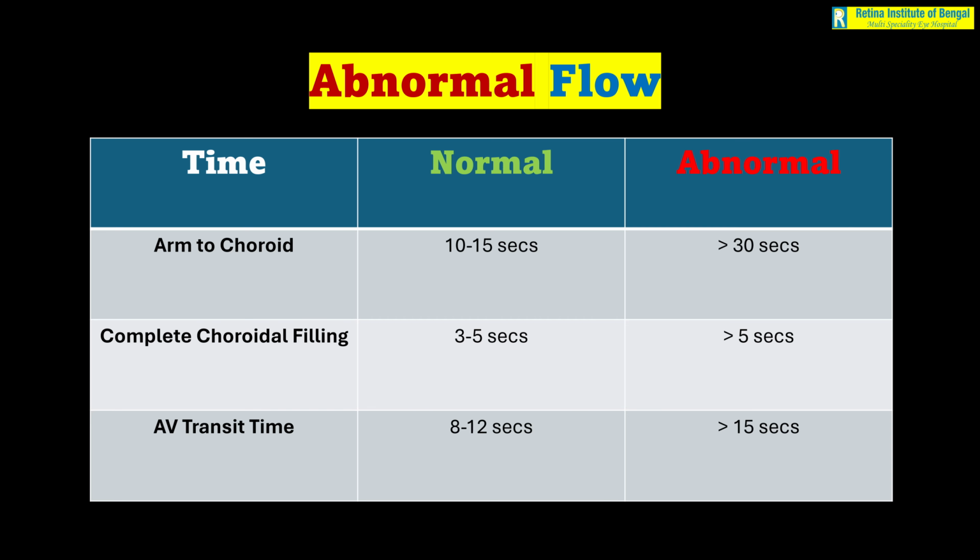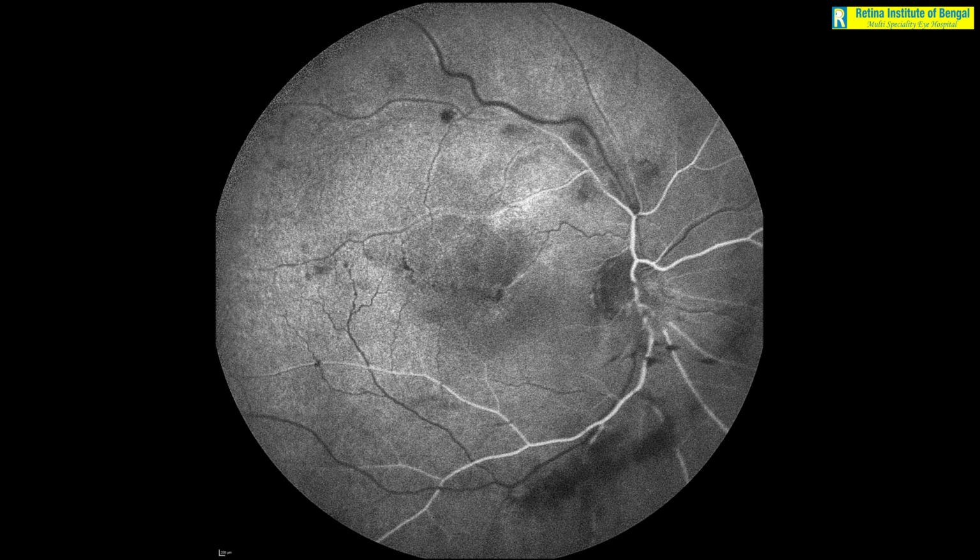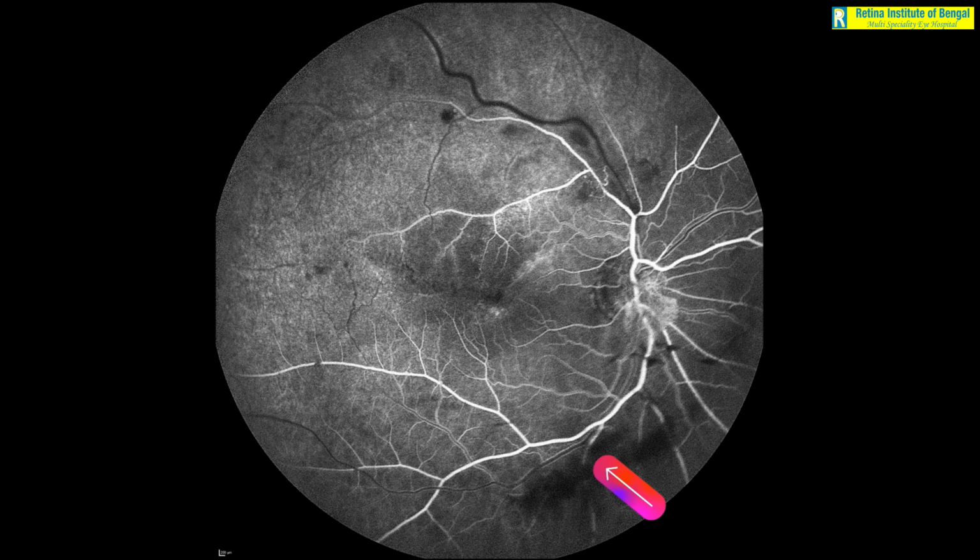So let me show you an example where the arteriovenous time is delayed. So look at this patient. This is the right eye of a patient. You can look at the inferior blood vessel. You can see the inferior arteries are filled, and now the laminar flow has started.